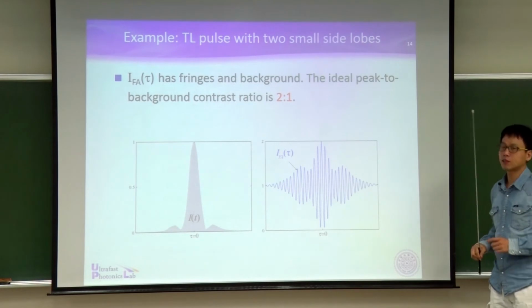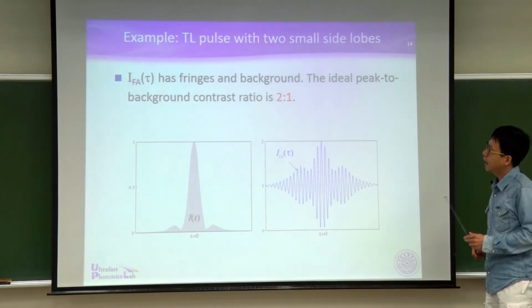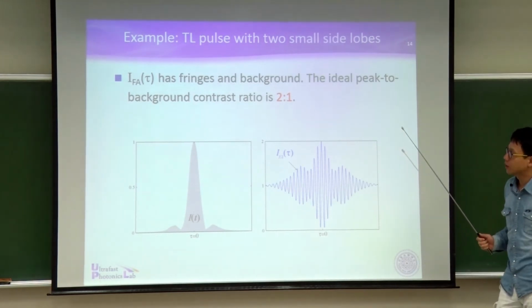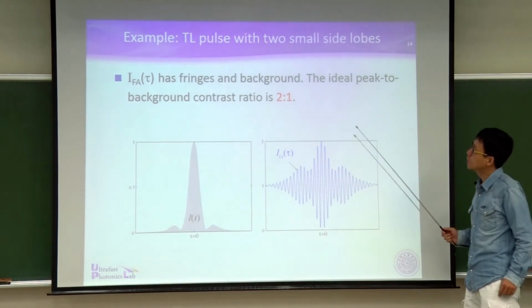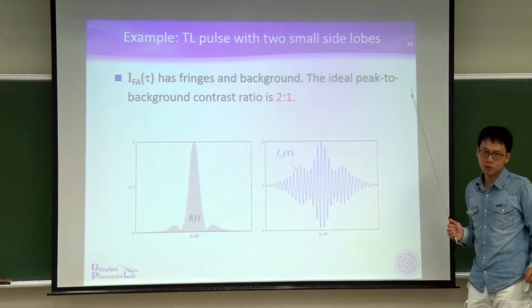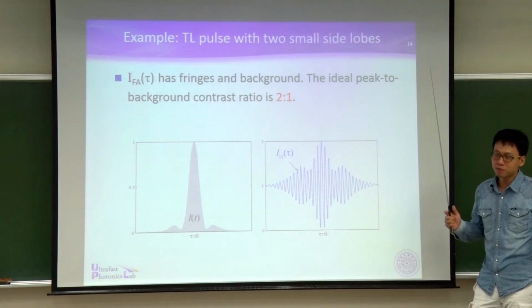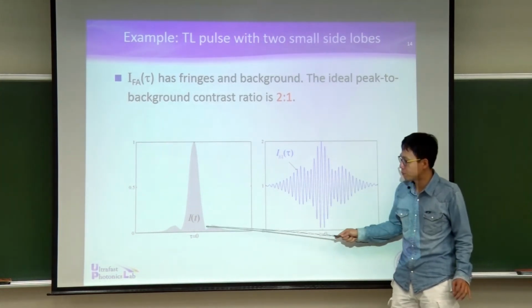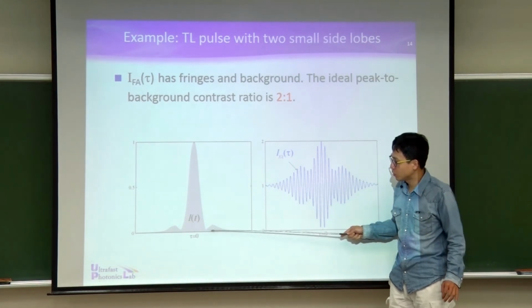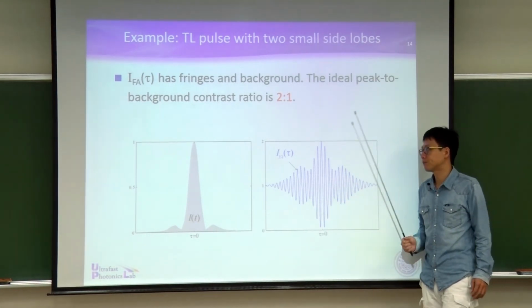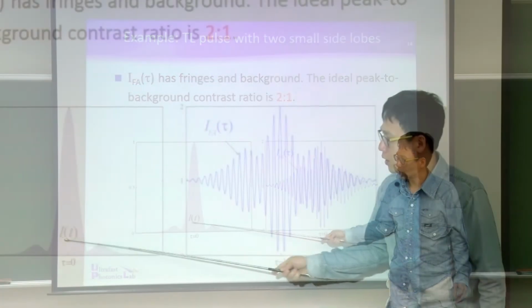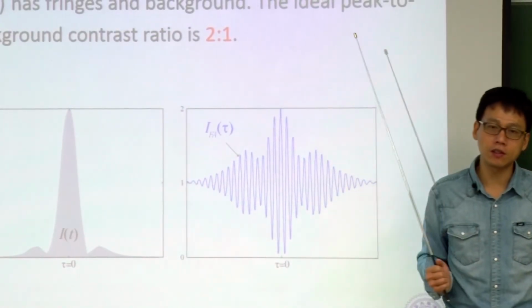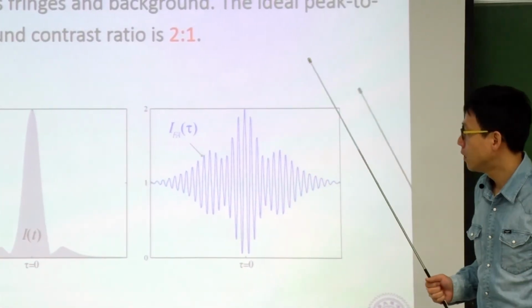Okay, one example. I have assumed a transform limited pulse with two small side lobes. So this is not a very beautiful pulse shape. You have a main peak, but you have two side peaks as well. And this is the intensity function in the time domain. Okay.